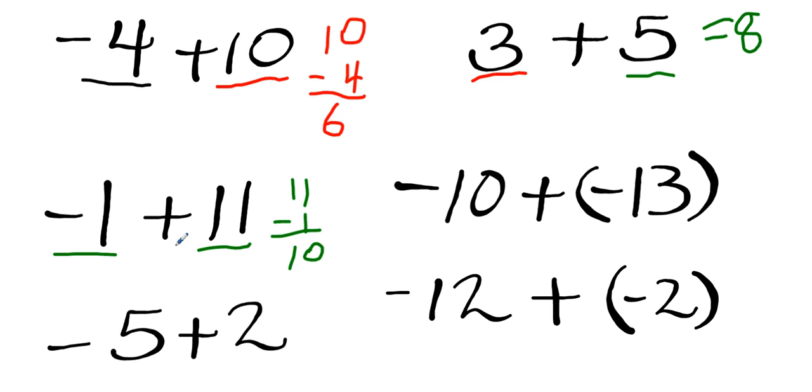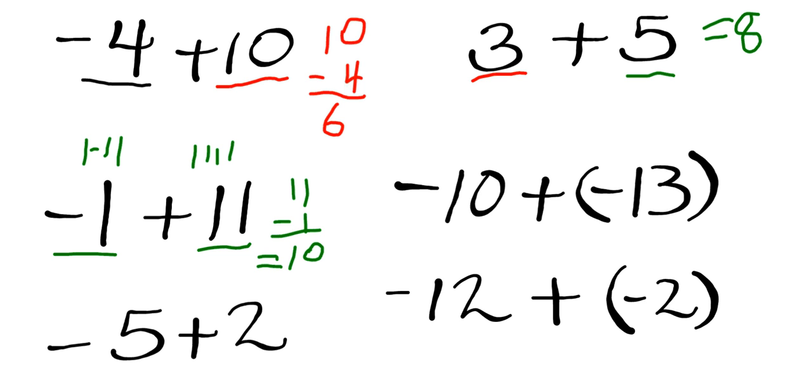Now you go back to the problem and you figure out which one has the highest absolute value. The absolute value of -1 is 1. And the absolute value of 11 is just 11 because there are 11 spaces from 0. So our answer should be positive. So the answer will be positive 10.